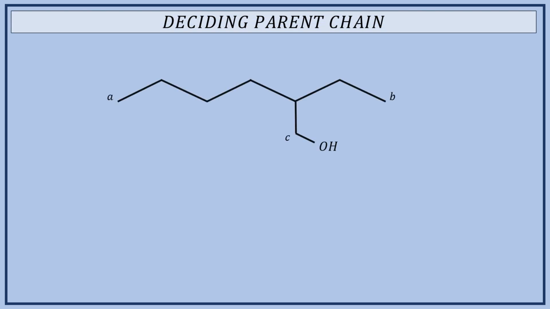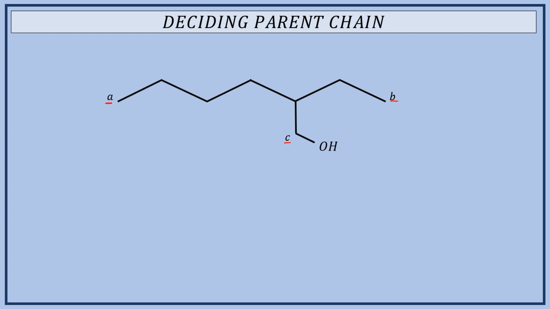Before moving further, let us get familiar with an important rule regarding the parent chain. In this example, we have three possible chains: from A to B, A to C, and from B to C. In our earlier discussions, we learned that we must select as the parent chain the chain which has the maximum number of carbon atoms.